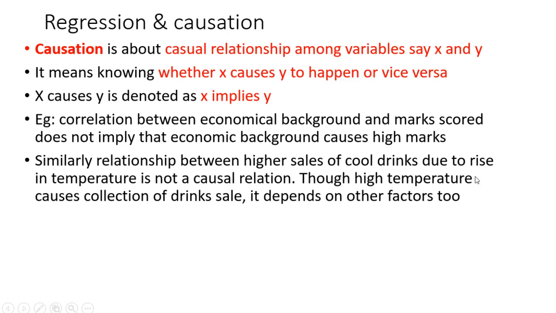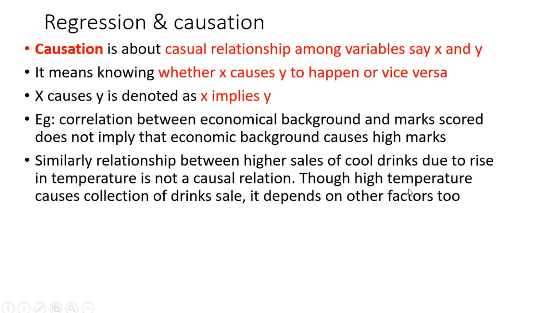It also depends on other factors. So these two are examples of correlation, and also of causation, because an increase in temperature does not imply that the sales of cold drinks will increase.